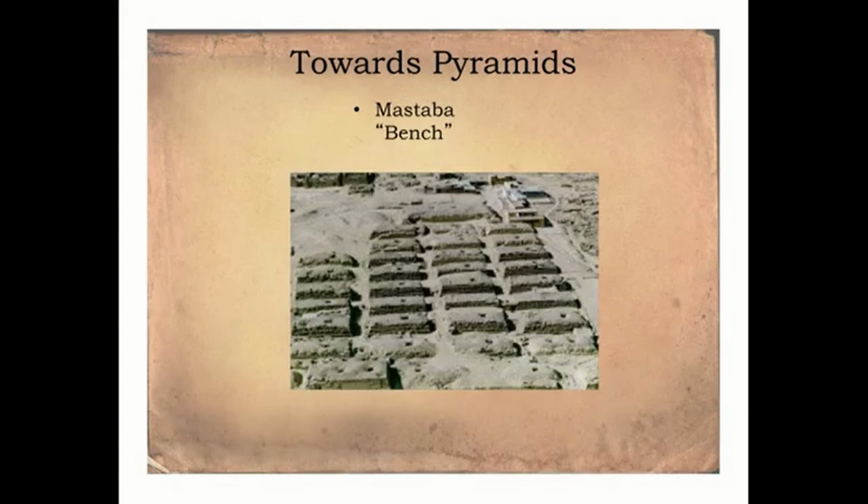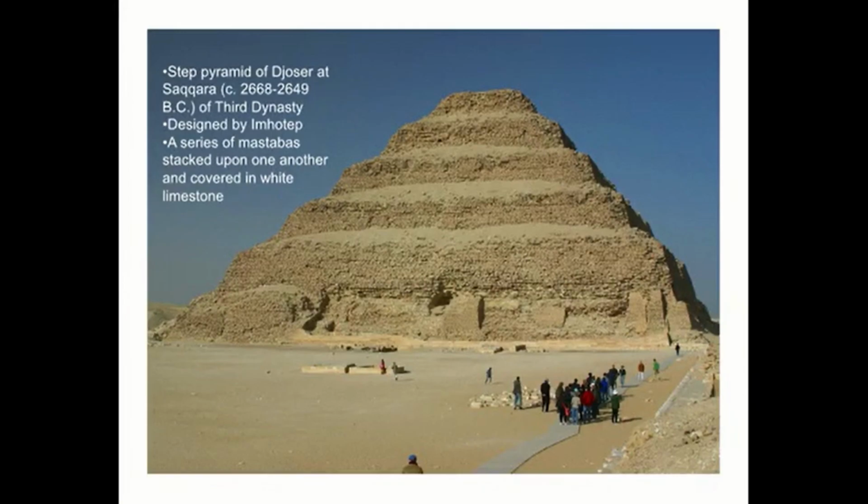But the very rich ended up in these mastaba benches. And if you take enough of these and put them one next to another, and then you start to connect them, what you end up with is a big, giant rectangular base, right? And then once you start stacking them, you end up with a stepped pyramid, like this one, the stepped pyramid of Djoser.